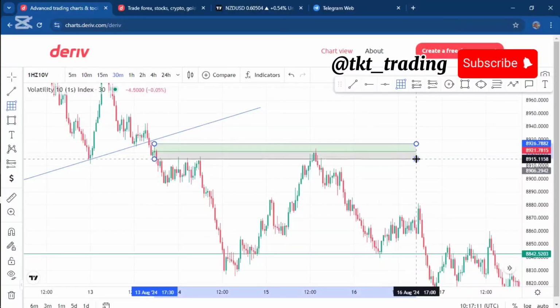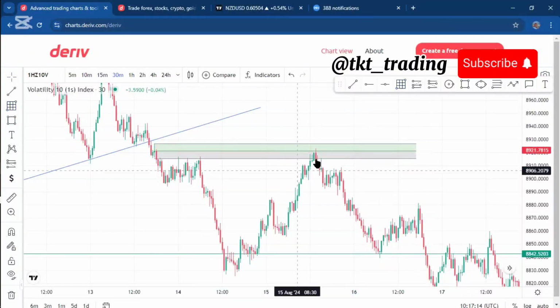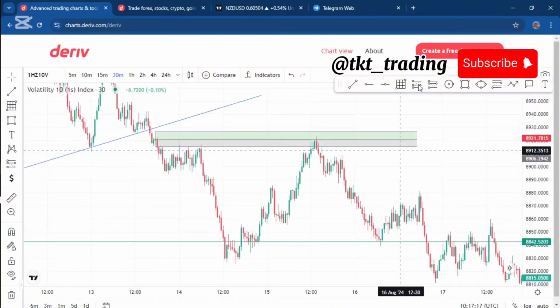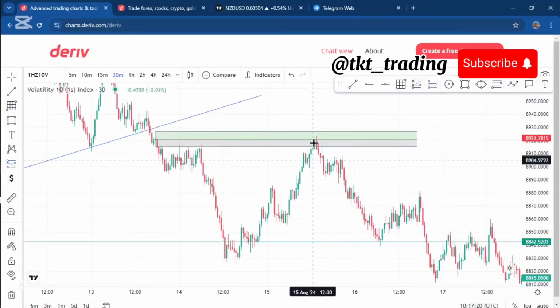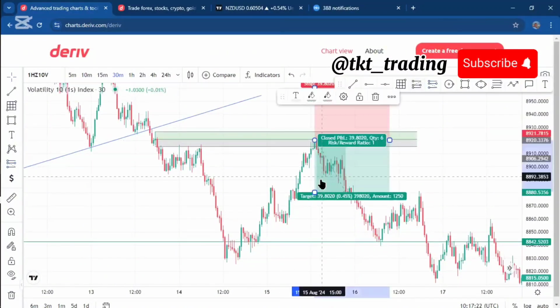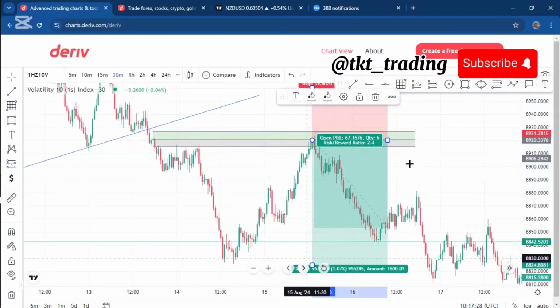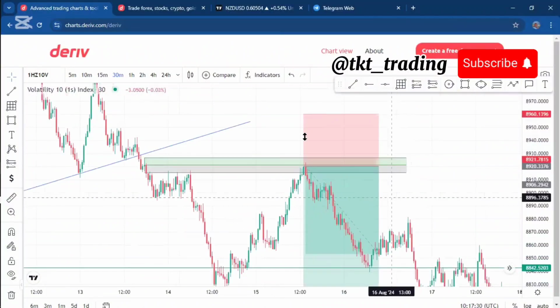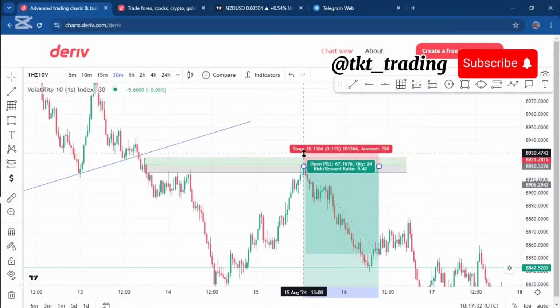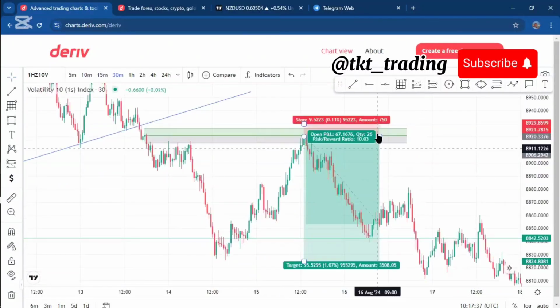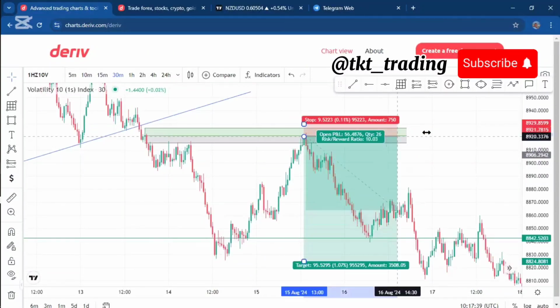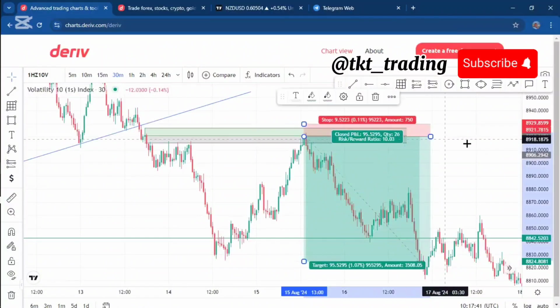So we mark it out, and then boom, we want to take our entry from this point here. 50% premium on discount level, target swing low, TP above the zone, just right here, and then we have a very good risk to reward ratio, which is just 1:10. Very nice setup, and then price smashed TP.